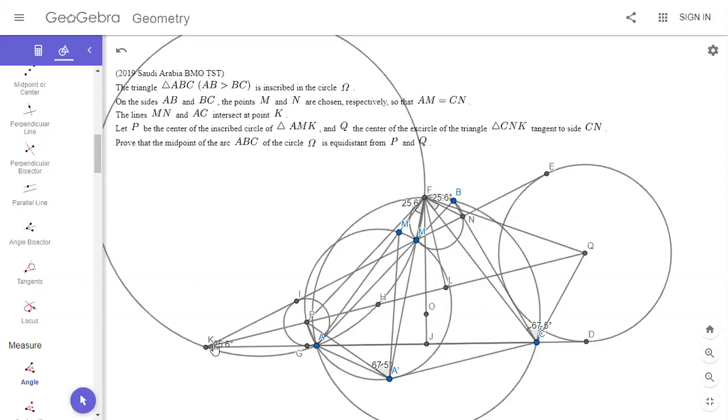Yeah, I want to show FMAK is cyclic. And that's actually obvious. Okay, so all right, let me delete a couple things and then I can start the proof from scratch.